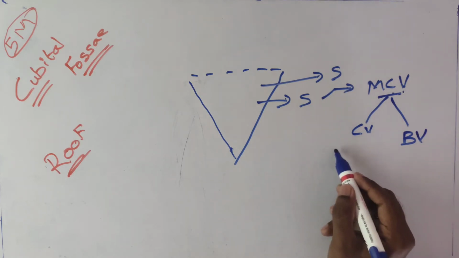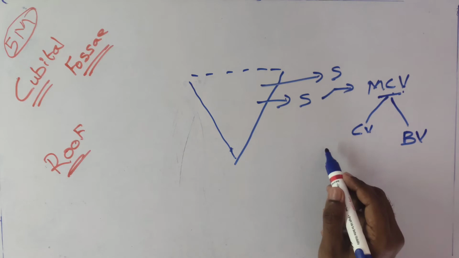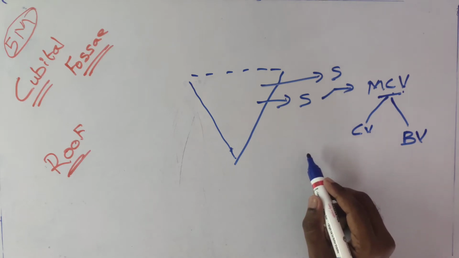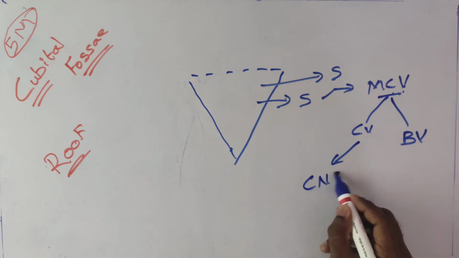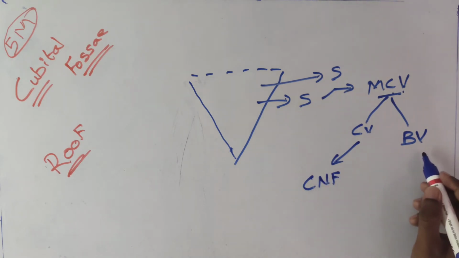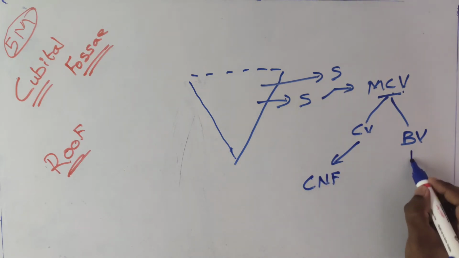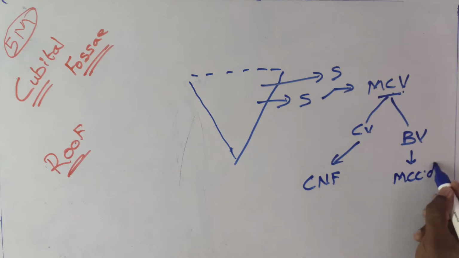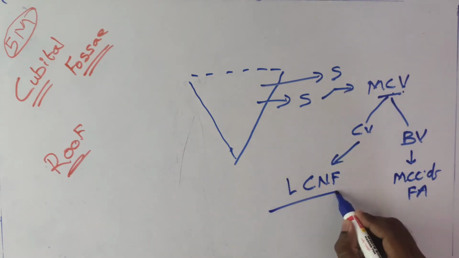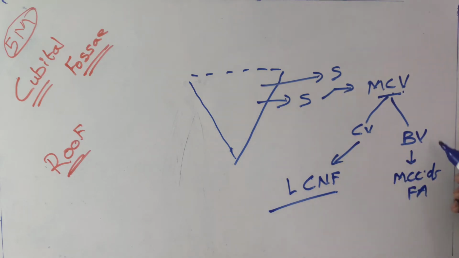This cephalic vein moves along with the lateral cutaneous nerve of forearm. And the basilic vein lies along the medial cutaneous nerve of forearm.